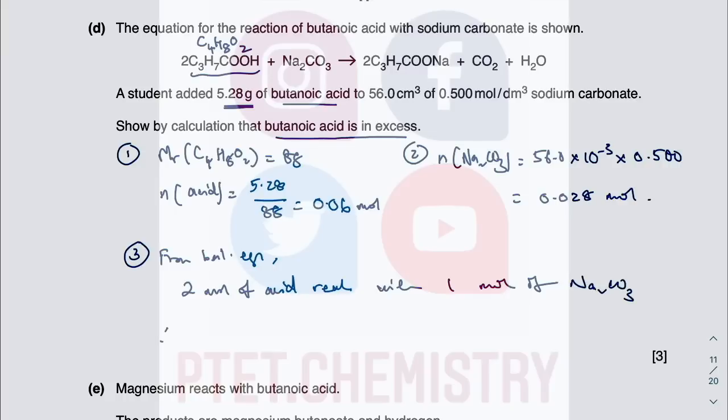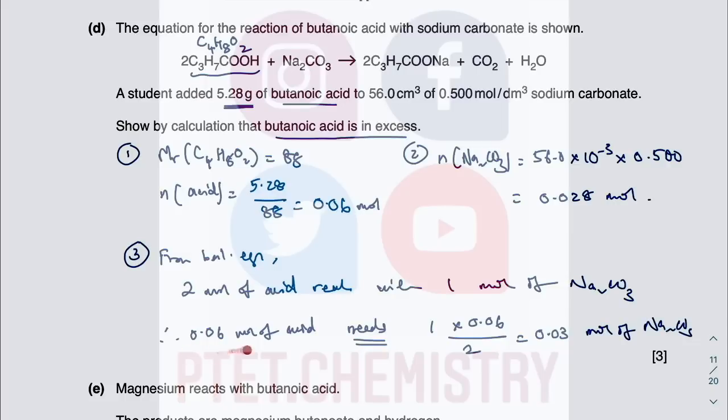Alright, therefore 0.06 mole of acid needs 1 times 0.06 over 2, which is 0.03 mole of Na2CO3. So to react this much acid, you need this much sodium carbonate based on the mole ratio, right? 2 mole of it react with 1 mole of it. 0.06 mole of it will react with 0.06 divided by 2, which is 0.03 mole. You need this much to react, but you only have this much.